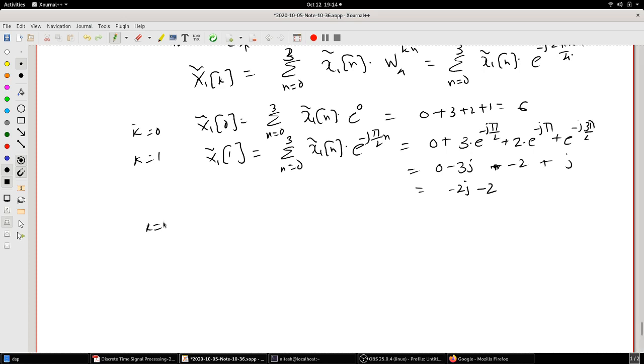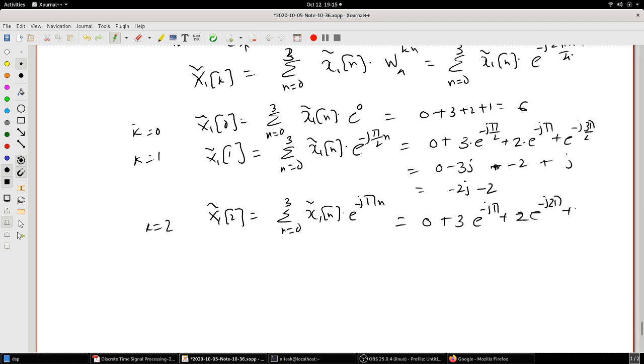So k equal to 2, x1 tilde of 2 is equal to summation n equal to 0 to 3 x1 tilde of n into e raised to minus j pi n. So that is equal to 0 plus 3 into e raised to minus j pi plus 2 into e raised to minus j 2 pi plus 1 into e raised to minus j 3 pi.